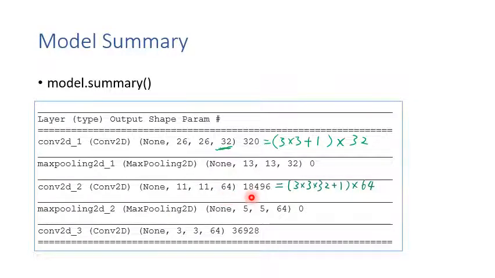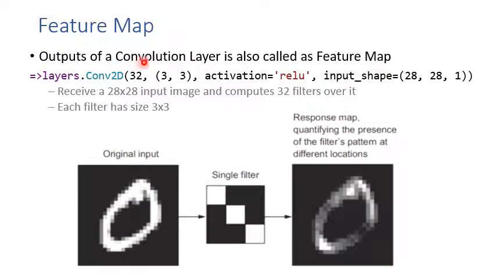So the parameters are much larger than the first convolution layer. You can calculate the number of weights of the third layer by yourself. The output of a convolution layer is also called a feature map.